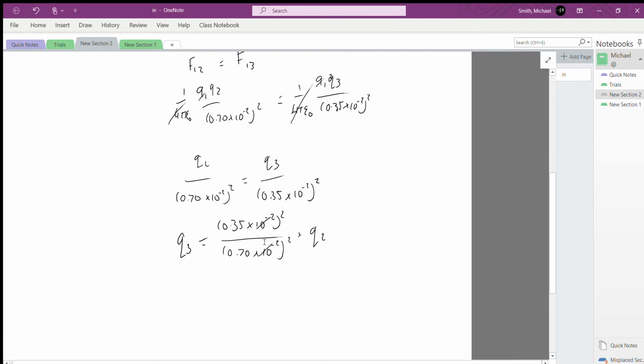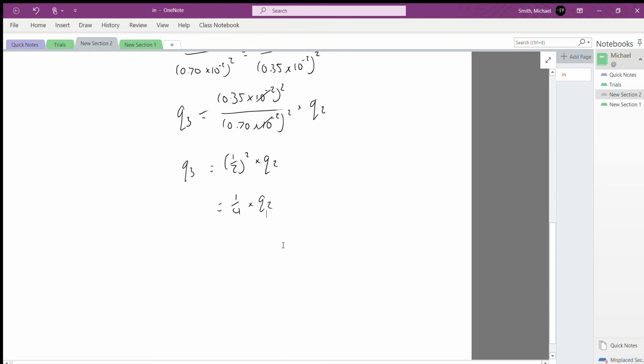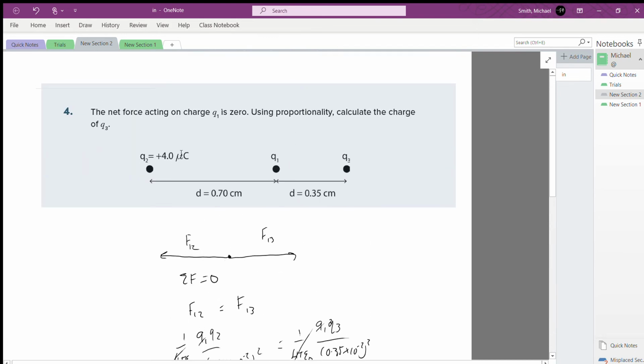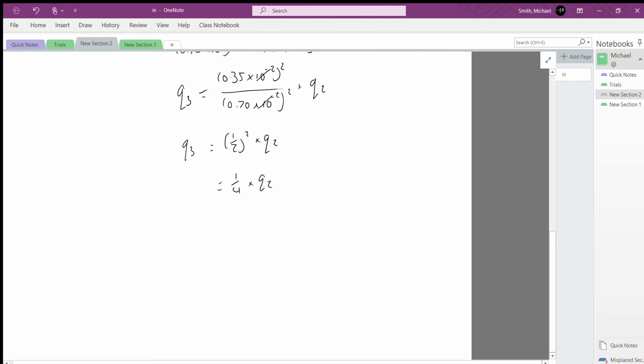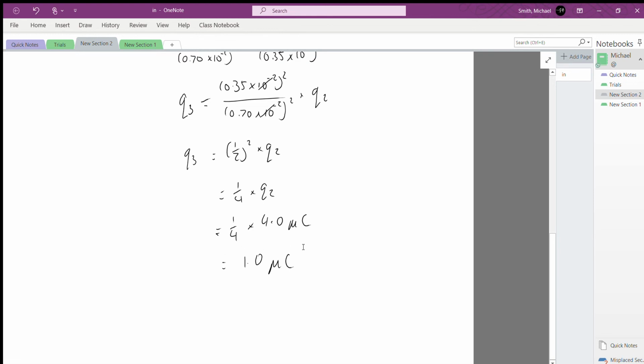We know that 0.35 is half of 0.7, so this is actually just as simple as writing 1/2 squared multiplied by Q2, so a quarter Q2, which is easy enough now. Since Q2 is 4 microcoulombs, it'll just be a quarter of 4 microcoulombs, which is 1 microcoulomb, and that's fairly easy.